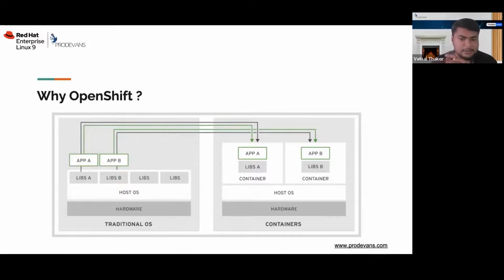And that's where virtualization came into the picture. But in virtualization also, we have a host operating system, or in virtualization terms, a hypervisor. On top of the hypervisor, we are creating hundreds of virtual machines, and each virtual machine has its own operating system. On top of that, we are again installing our application.